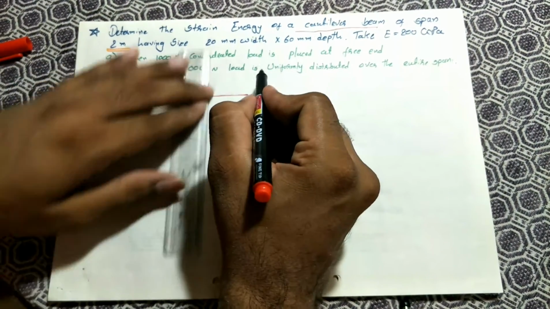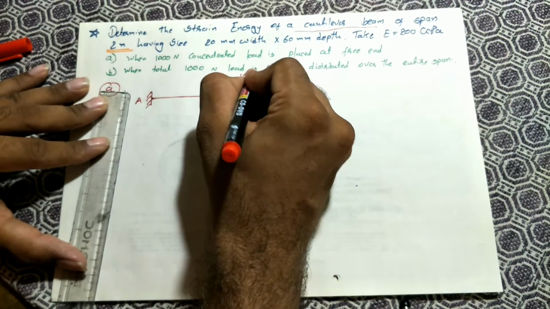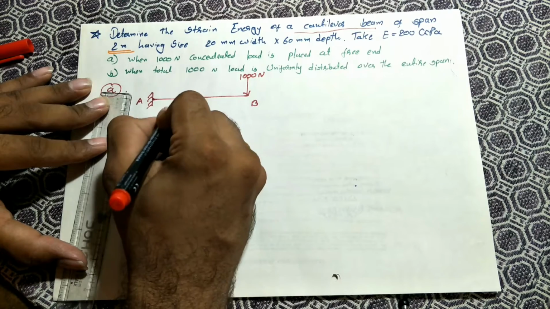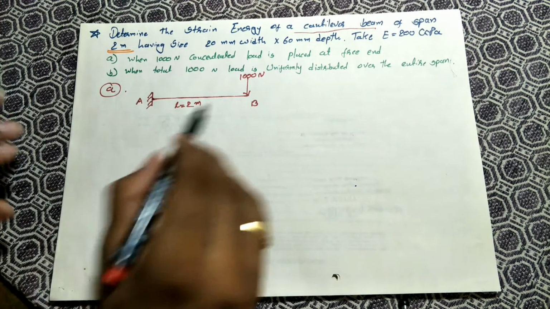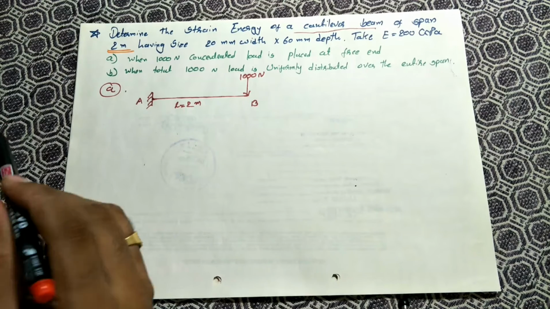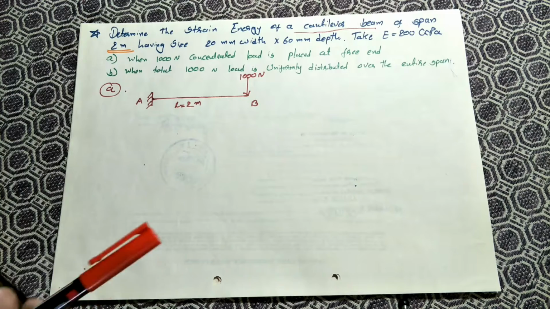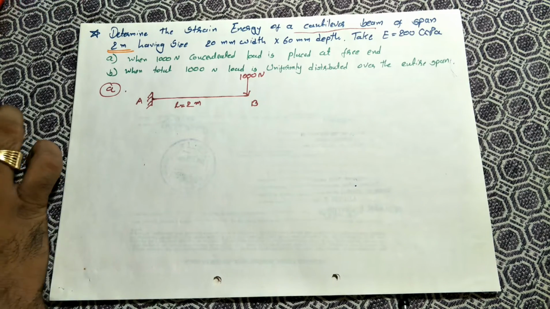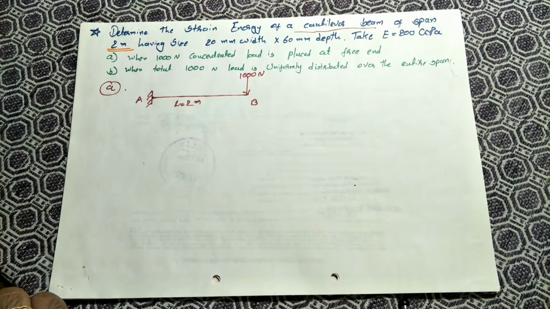When 1000 Newton load is applied at free end, where L is equal to 2 meter, at free end 1000 Newton is applied, so we have to find strain energy for this beam and for this loading at the free end. We are solving for case number A.